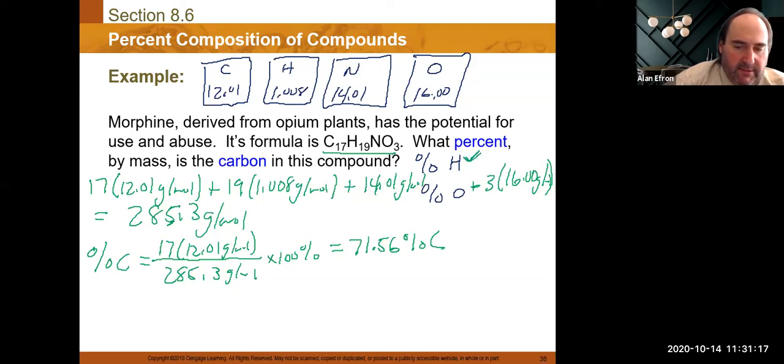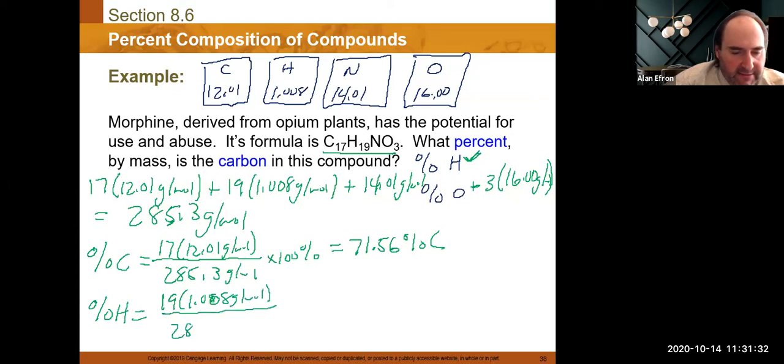We then want to do hydrogen perhaps next. So the percentage of hydrogen is going to be done the same way. We're just going to take all the hydrogens, which in this case is 19 of them, times 1.008, again divided by the entire mass of the compound, times 100%.